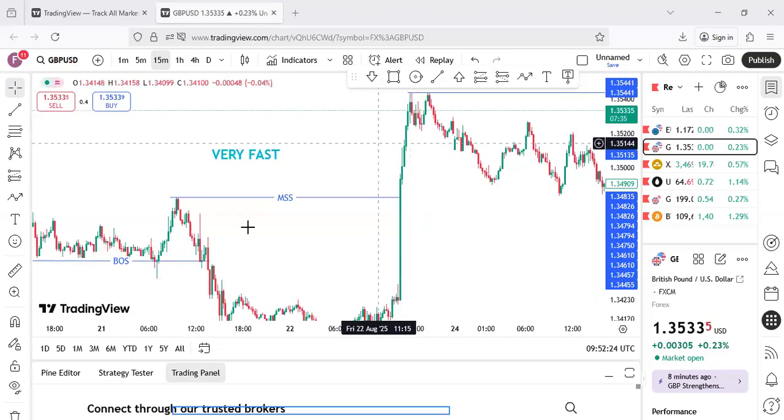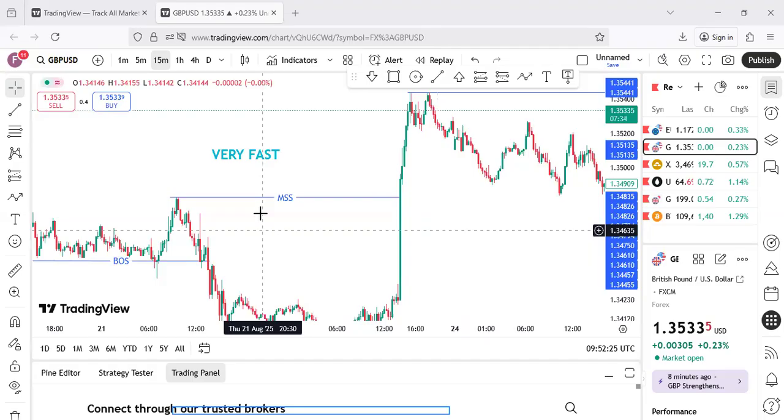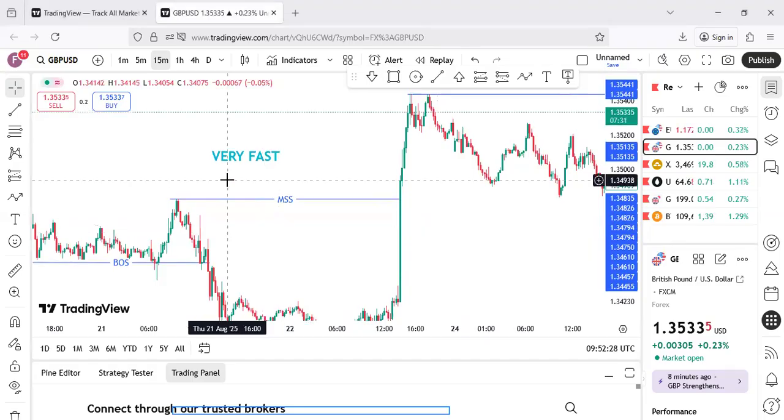Now, what are the characteristics of this liquidity void? How can you know a liquidity void? What are the things to consider? Before I tell you the difference between fair value gap and liquidity void, I want to tell you the characteristics.